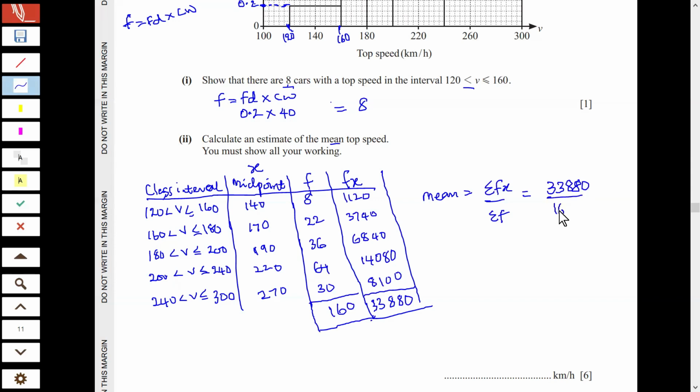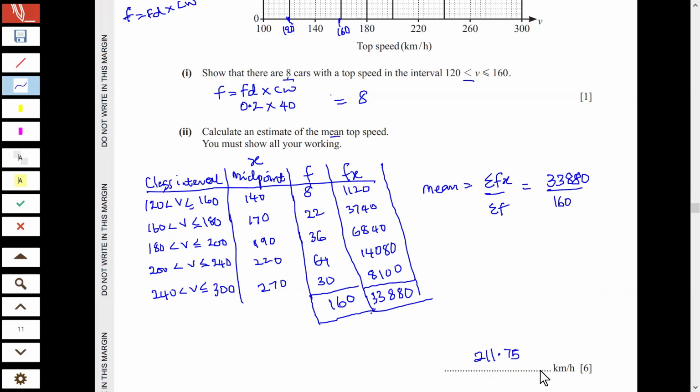Now 33,880 divided by 160. So if you divide this using your calculator, we're going to get a final answer of 211.75 kilometer per hour as a final answer to this.